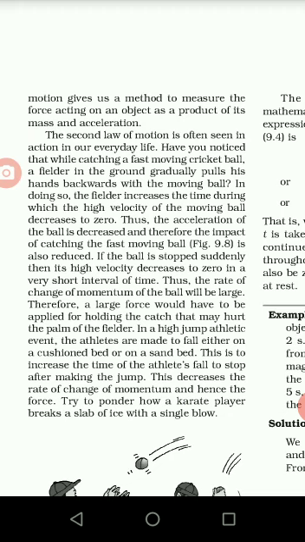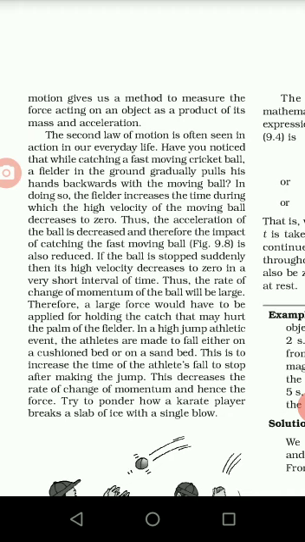Similarly, as a second example, in a high jump athletic event, the athletes are made to fall either on a cushioned bed or a sand bed. This is to increase the time of the athlete's fall to stop after making the jump.